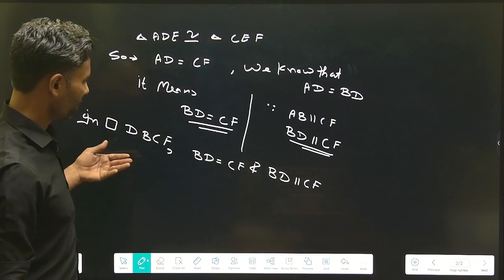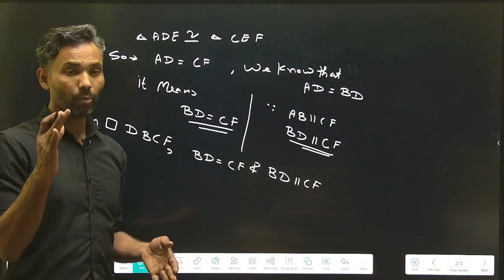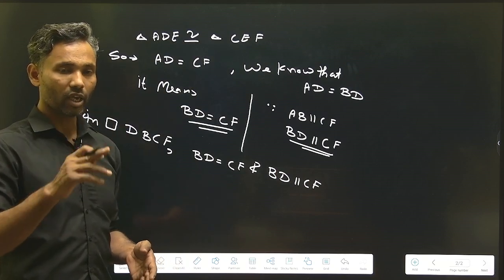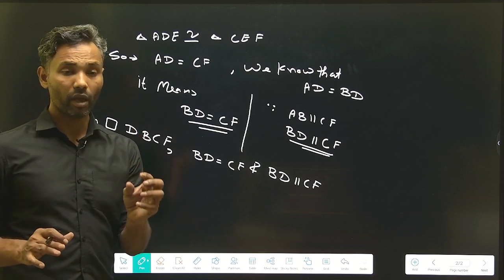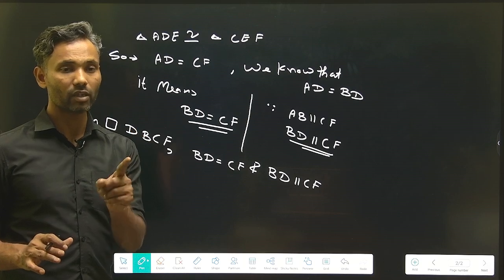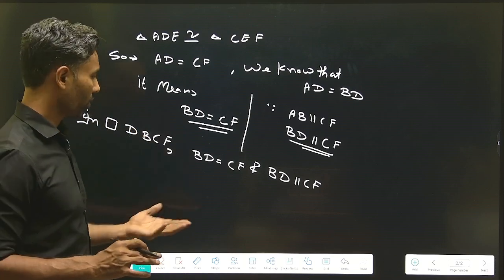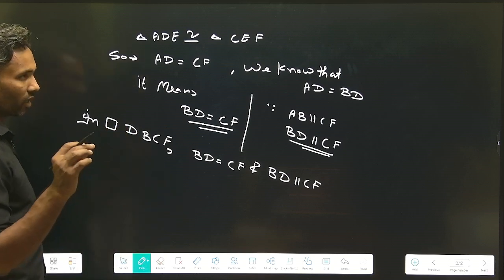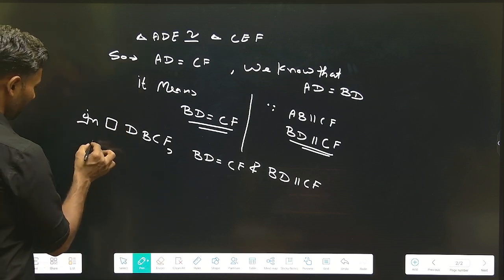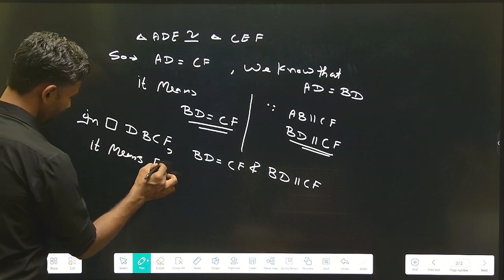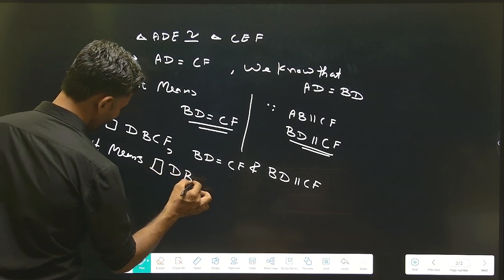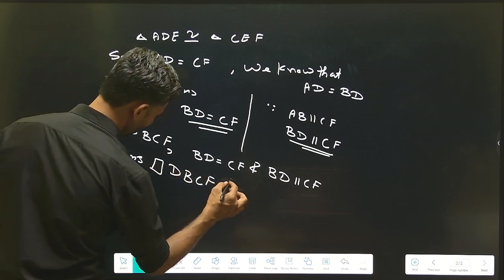You can see that in this particular quadrilateral, a pair of opposite sides is parallel as well as equal. So it means this particular quadrilateral DBCF is a parallelogram.